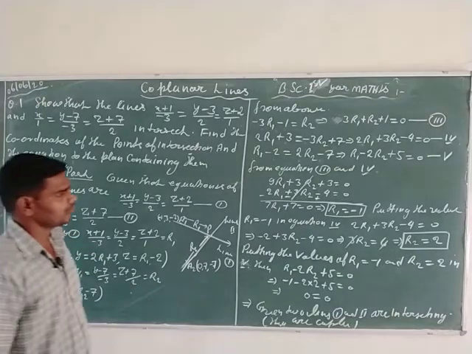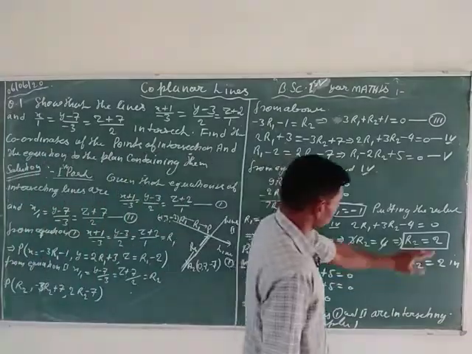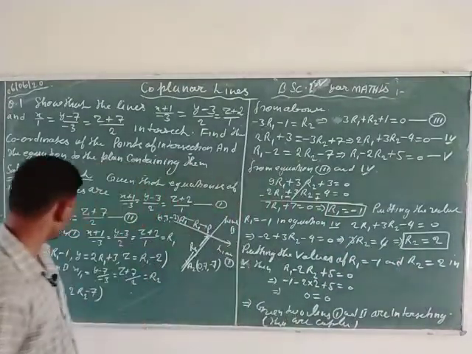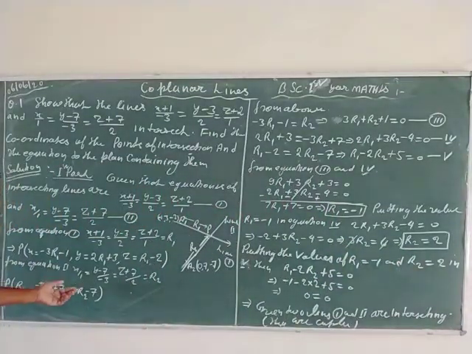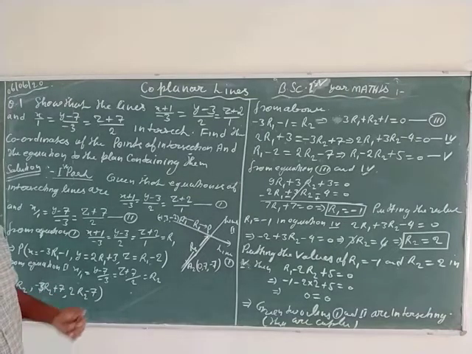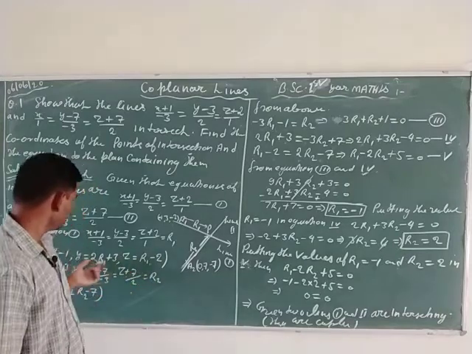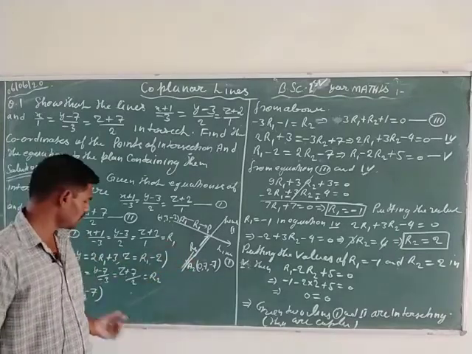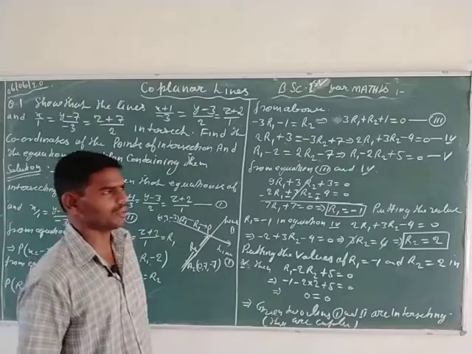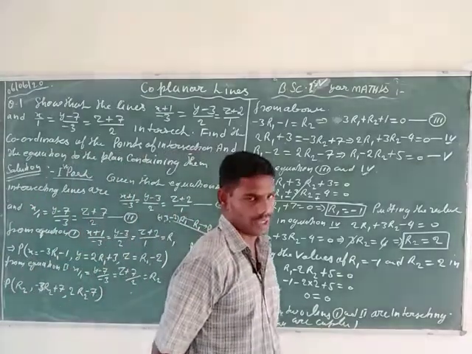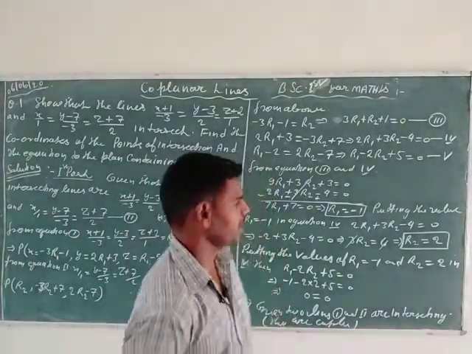If you put R1 in the first line or R2 in the second line, you can calculate the coordinates of intersecting point capital P.